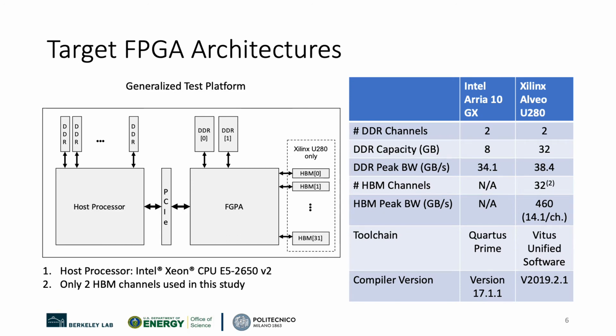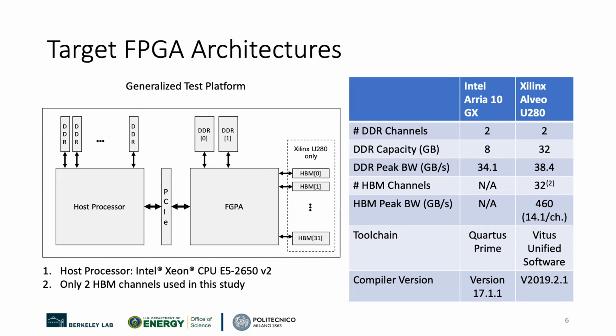In this study, we investigated two FPGAs and their respective OpenCL toolchains. The host test platform was common between the two and consisted of an Intel host processor connecting to the two FPGA cards over a PCIe bus.